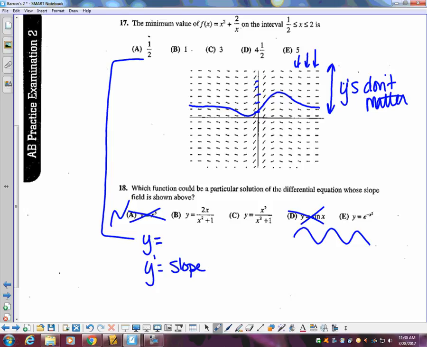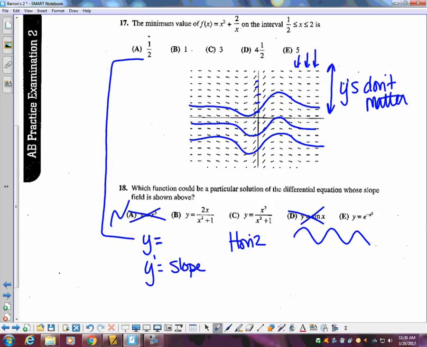Let's see. I can see that I'm probably going to have a horizontal asymptote. I don't exactly know where because I don't know where this function is. Slope fields don't tell you that. They just tell you that if it's at this particular spot, this is how it would move through these slope fields. But it does look like I'm going to have a horizontal asymptote. To have that, let's think about your degrees.